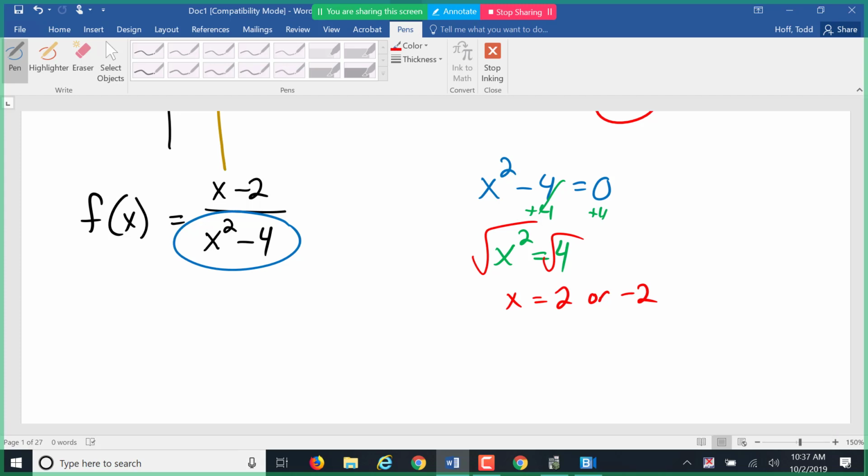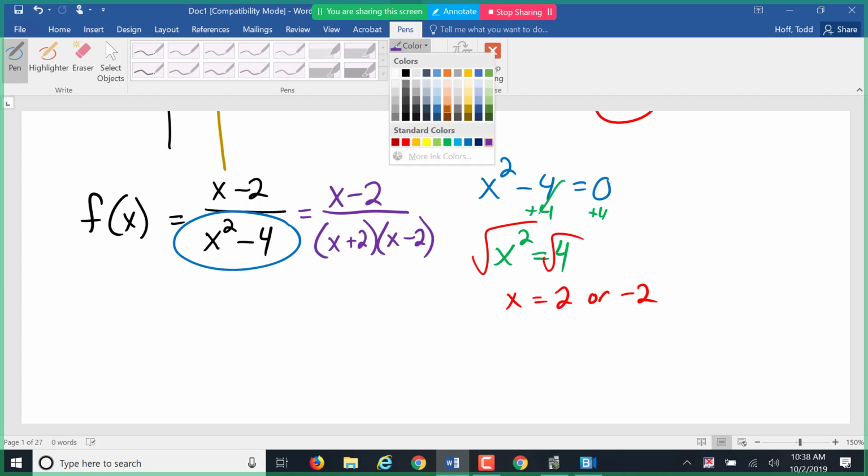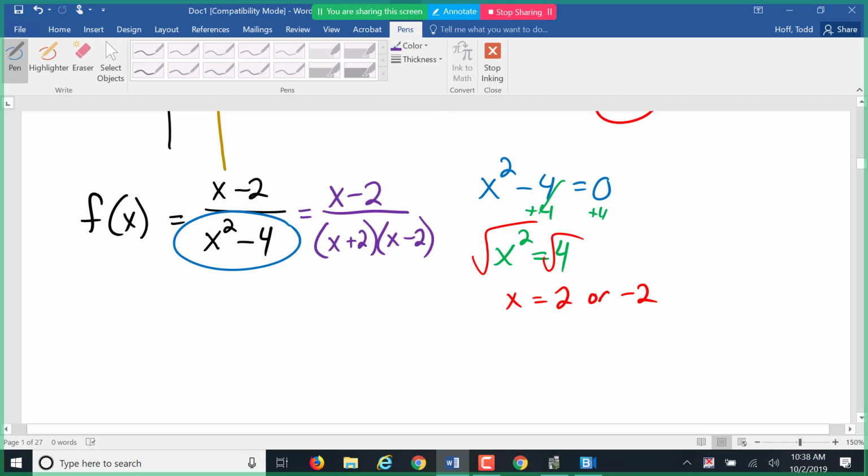However, if I look closer at the function itself, I notice that x squared minus 4 can be factored into x plus 2, x minus 2. I also see that I've got an x minus 2 in the numerator and an x minus 2 in the denominator. Those could be canceled out.